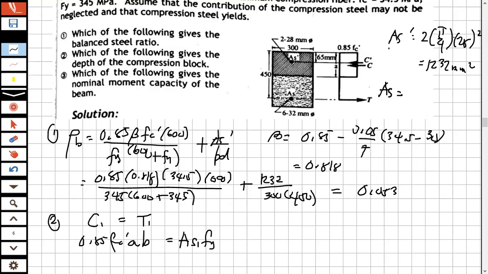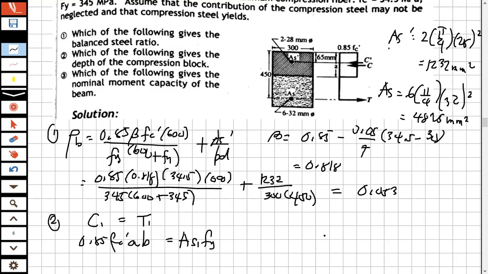So As, andito naman, no? 6 pi over 4, 32 squared, which is equal to As 4825. 4825 square millimeter.